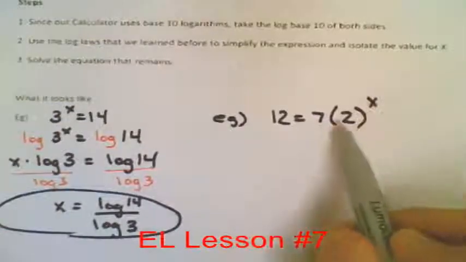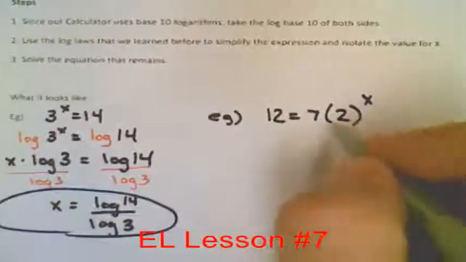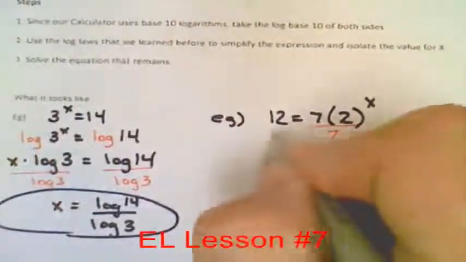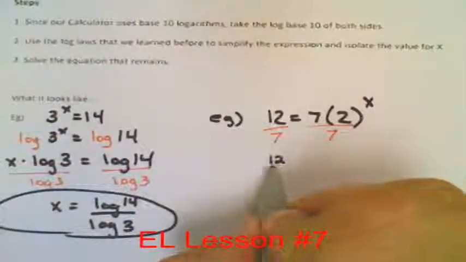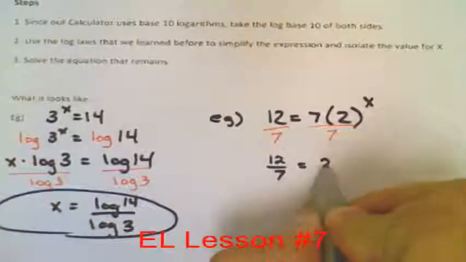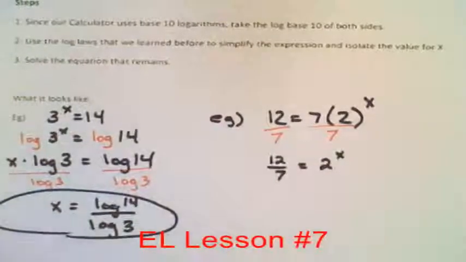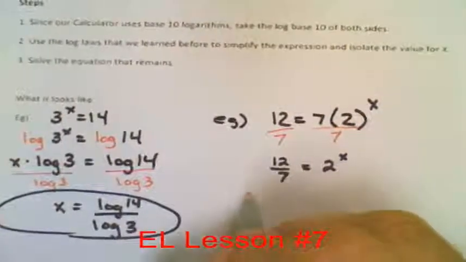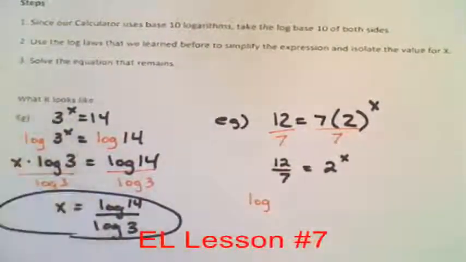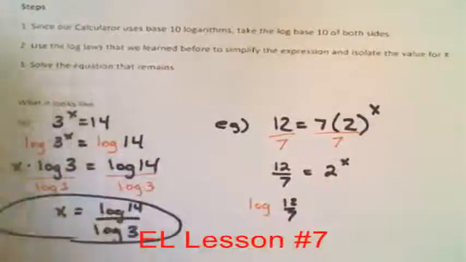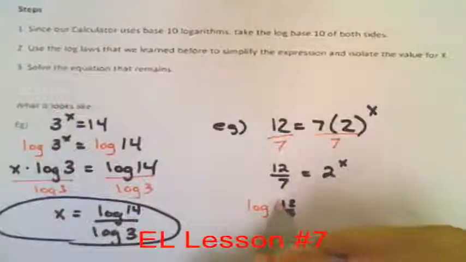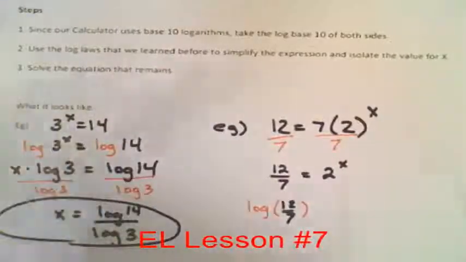By BEDMAS, and we talked about this before, by the order of operations, I have to do this exponent before I do the multiplication. Since I can't do the exponent, I can't do the multiplication. So I'm going to say, well, let's undo that. Let's divide by 7. So what I'm going to end up with is 12/7 equals 2 to the power of x. Now, I could do the conversion. Alternatively, I'm going to take the log of both sides. So it's going to be the log of 12/7.